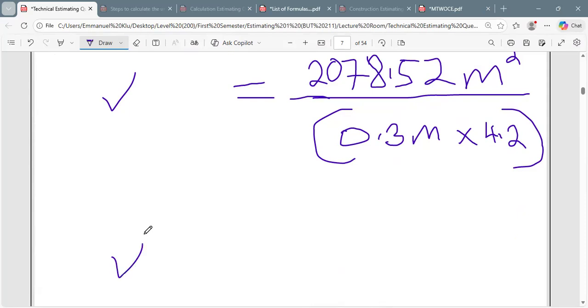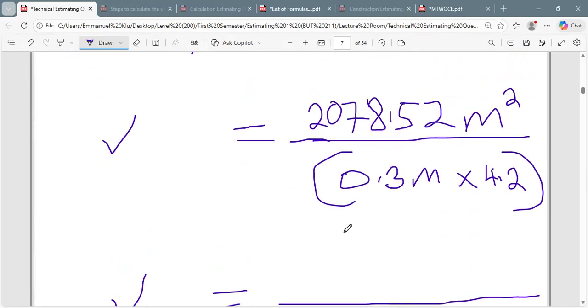So at the end of the day, this is going to become, let's point this together, 2078.52 all over 0.3 times 4.2. And you realize that we're going to get 1649.6. It continues like that.